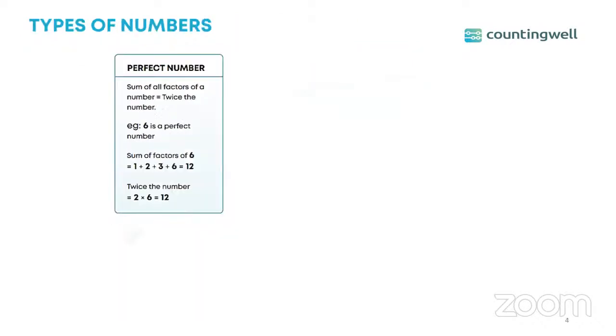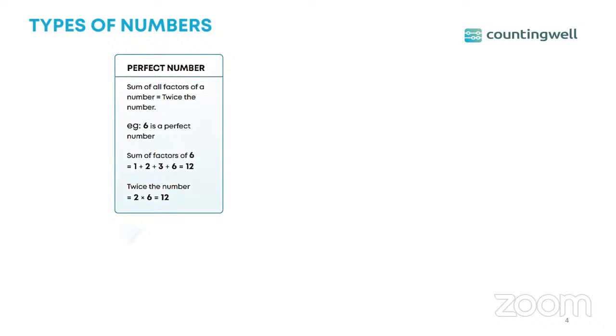Let us see the types of numbers. Let us see what is a perfect number. If the sum of all factors of a number is equal to twice the number, then we say that the number is perfect. For example, 6.